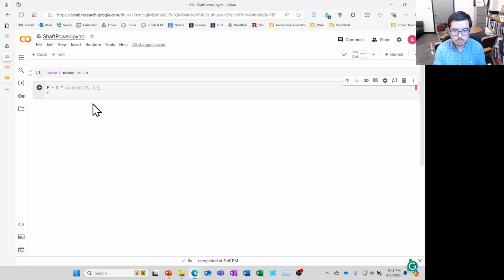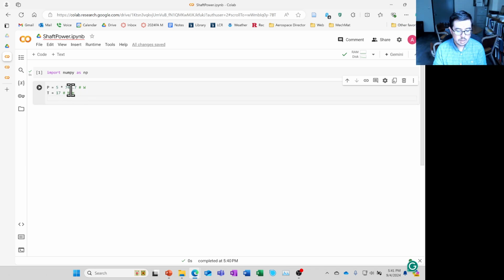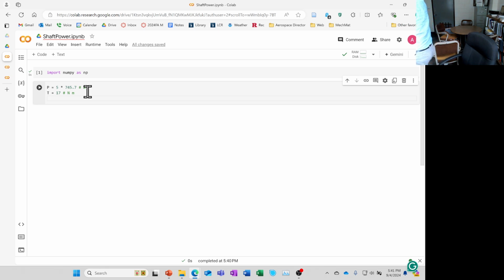People have different ways of doing this, but just to keep things straight, I'm going to do 5 times 745.7 watts per horsepower, which is going to give me units in terms of watts. And the equation uses torque. So the torque that I was given was 17 Newton meters. Again, these are just comments, to keep the units straight as we do our calculations.